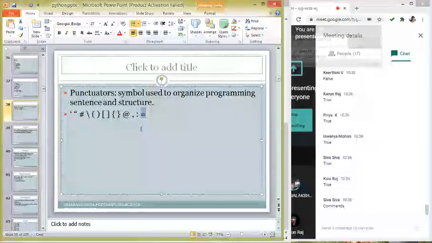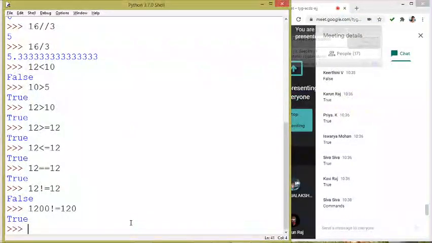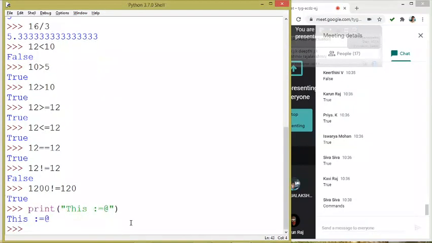For example, if I want to write something, print, bracket open, double inverted comma, I can write this. I can use this operator, I can close this, right? I can use at the rate, and I can run, and the same thing will be printed.